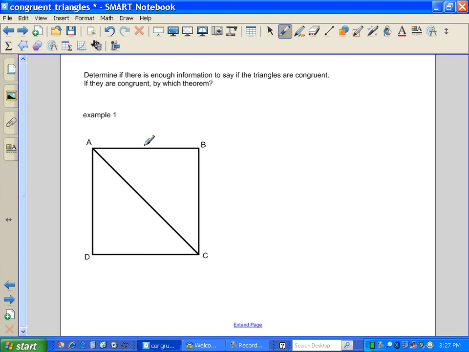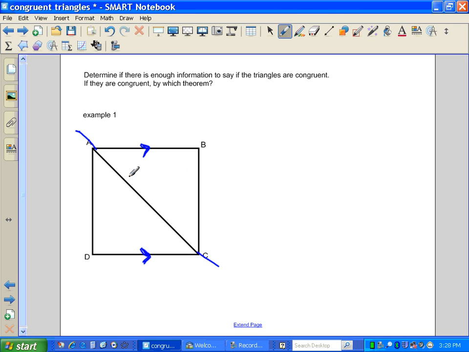So we're going to start by saying that all we know about this picture is that this line is parallel to this line. And the little arrows on this line and this line indicate that those two lines are parallel. Well, if I know that those are parallel, then this line AC, I can extend it a little bit, maybe that will help you see it, is a transversal cutting through these two parallel lines.